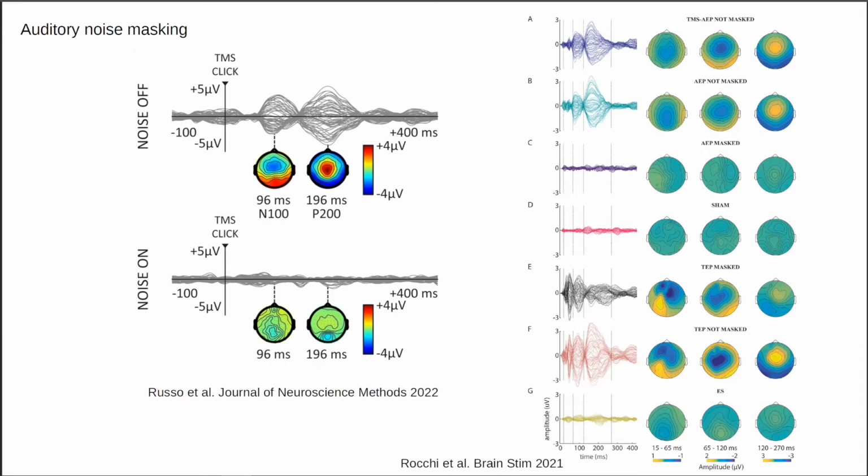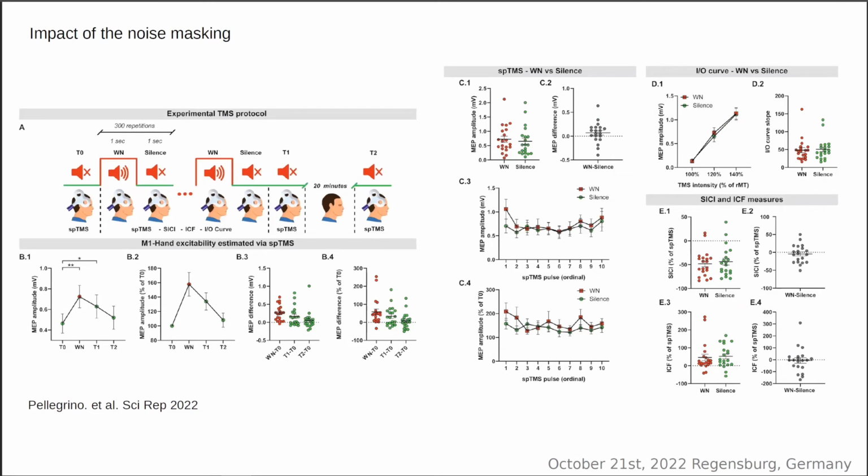There is also a problem, they used ICA here, which is a big problem. This is a study that has been mentioned, I think, by Agnese, not exactly this study, but about the effect of the auditory input on the peripheral excitability. So they have shown that with the white noise, the excitability goes up.